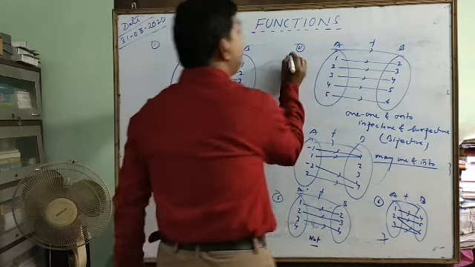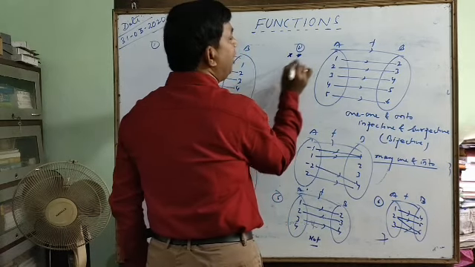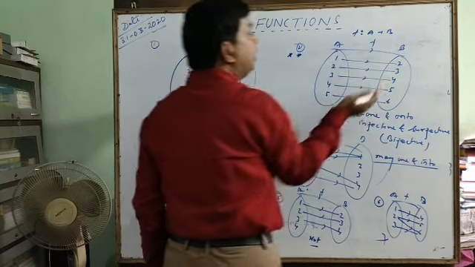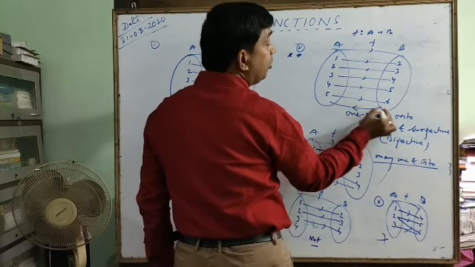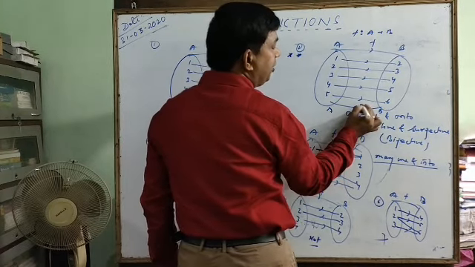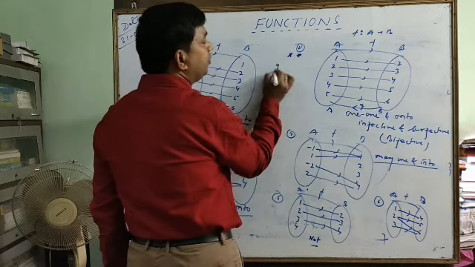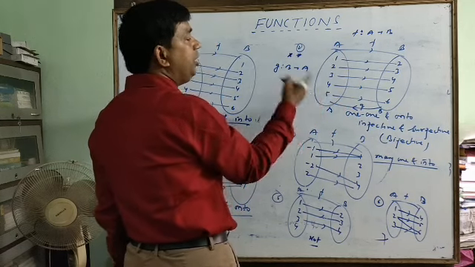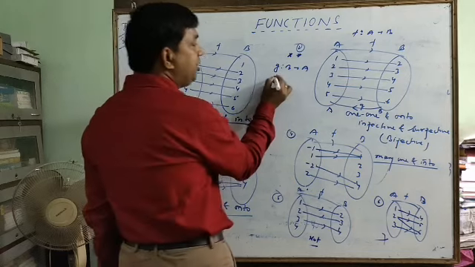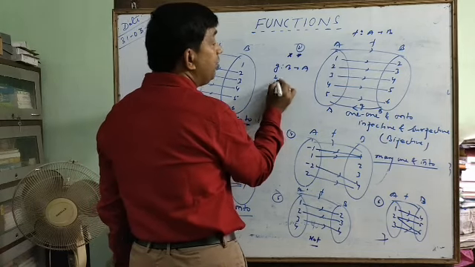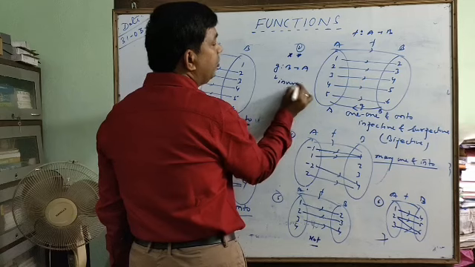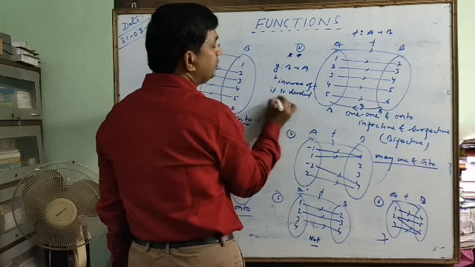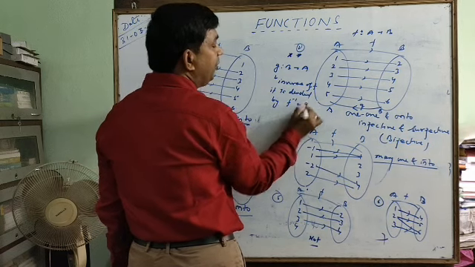So this is the case only. You just remember this thing. If a function f is a rule from A to B, and this function is also defined from B to A, suppose this is g, so g is a function from B to A. If f is a function from A to B, then g is also a function from B to A, and this g is called the inverse of f, denoted by f inverse, meaning g.